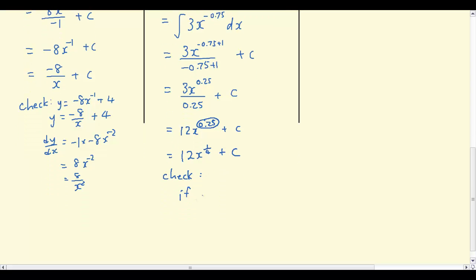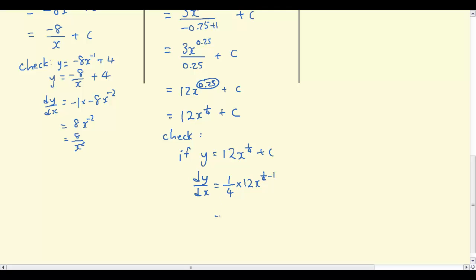So if y equals 12x to the power of 1 over 4 plus c, then dy over dx will be equal to 1 over 4 times 12x to the power of 1 over 4 minus 1. C is gone because c is a constant. So this becomes 12 divided by 4 is 3x. 1 over 4 minus 1 is negative 3 over 4.